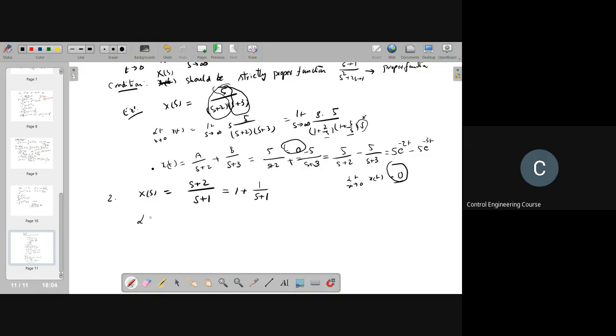Limit s tends to infinity s times X of s, in this case, will be limit s tends to infinity s into (1 plus 1 by s plus 1).